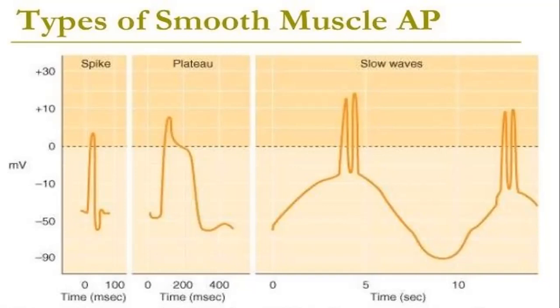In many tissues, the spike has a duration of about 50 milliseconds, whereas in some tissues, the action potential has a prolonged plateau during repolarization, like action potentials you have seen in the cardiac muscle.